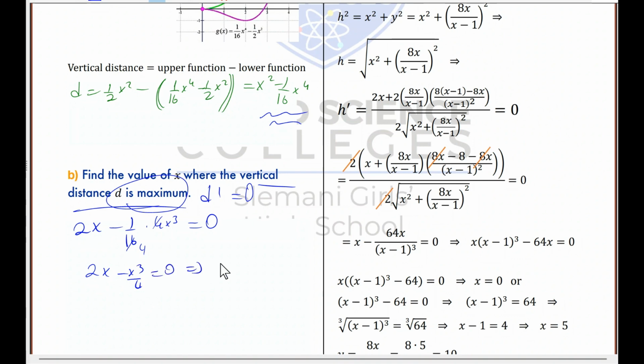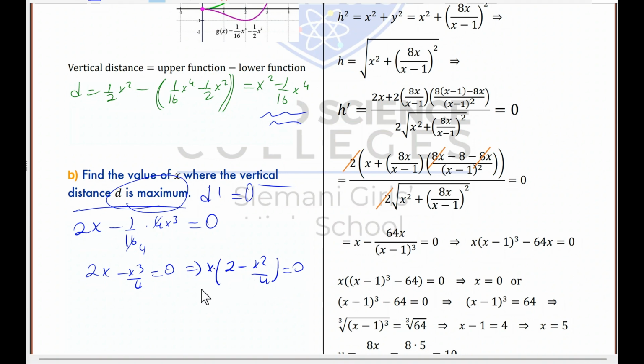Let's bring this one to the other side. 2x is x cubed over 4. Cross multiply. Or just take x as a common factor. This is easier, I think. So x is common. We have 2 minus x squared over 4, which is 0.